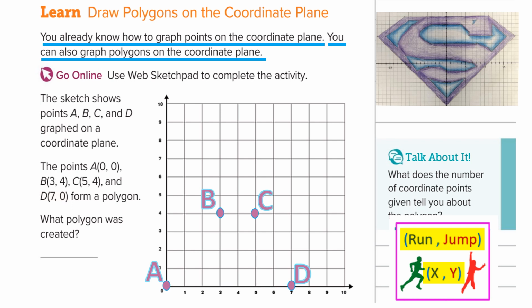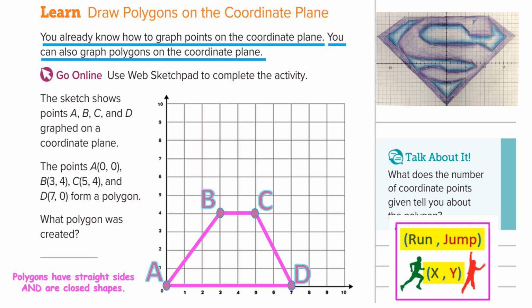Now we have these labeled because we're making a polygon. And once again, a polygon is straight sides that is closed in. So I'm going to connect them in alphabetical order. A goes to B, B goes to C, and C goes to D. Since it's a polygon, it has to be closed in. I always take my last point and connect it directly back to my first point. So I close in my shape.